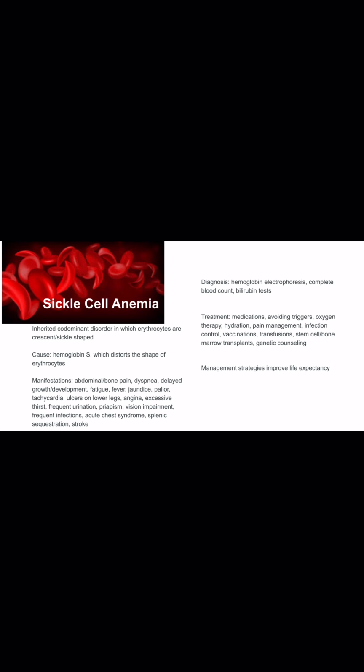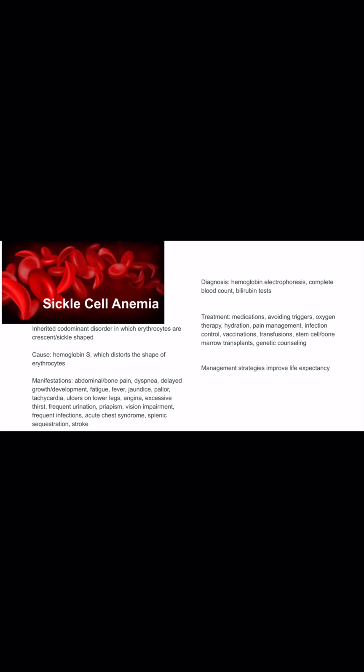Individuals with sickle cell anemia experience abdominal or bone pain, dyspnea, delayed growth or development, fatigue, fever, jaundice, pallor, tachycardia, ulcers on lower part of the legs, angina, excessive thirst, frequent urination, priapism, vision impairment, frequent infections, acute chest syndrome, splenic sequestration, and stroke. Diagnosis of sickle cell anemia include hemoglobin electrophoresis, complete blood count, and bilirubin tests.